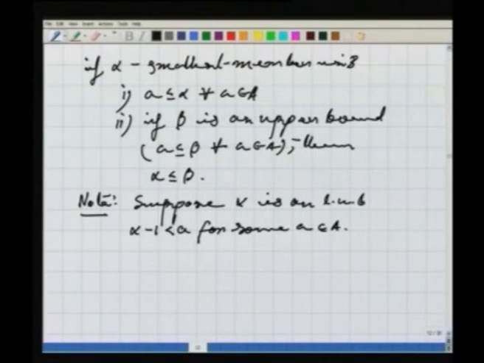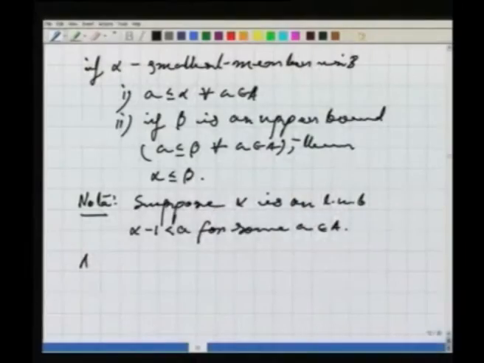Now, if you go back to the previous example of the sets A and B which I defined in terms of r square less than 2, I had a problem that the set B had no smallest element among the set of rational numbers. I want to remove that difficulty. That means I want every such set to have a least element, and that is actually what the completeness axiom says. To be precise, we call it the LUB axiom.